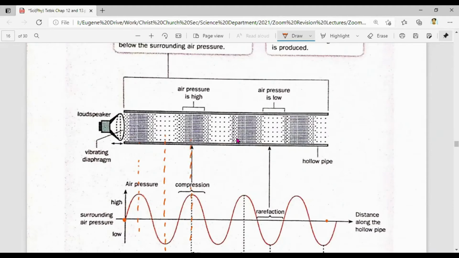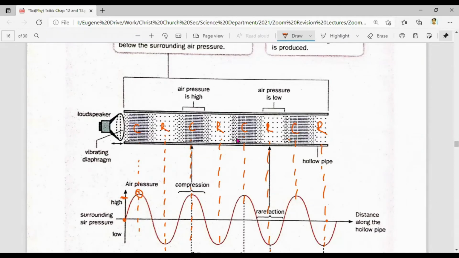I'm just drawing this line here to show you where all the different regions are. So if you look at it, compression here, rarefaction here, compression, rarefaction, compression, rarefaction, compression here, and rarefaction here.